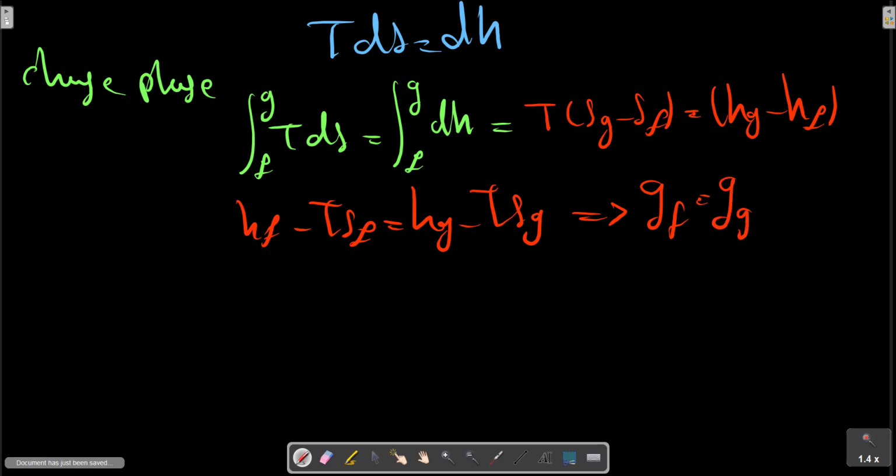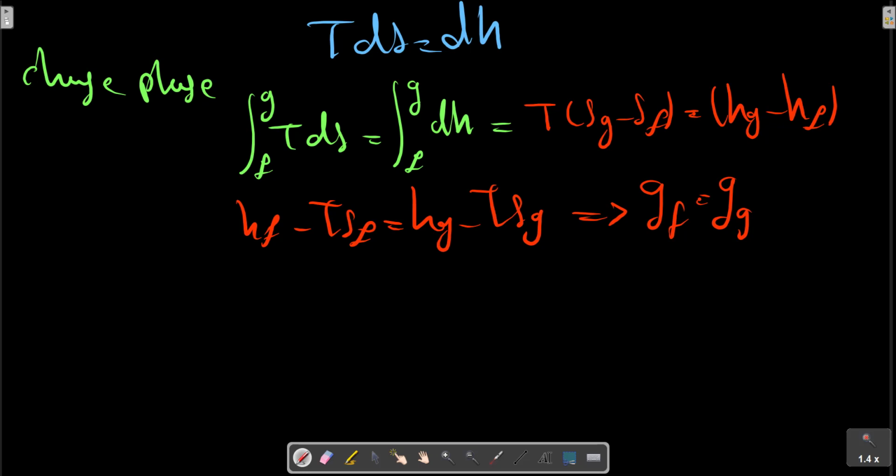The Clapeyron equation, which was derived before, can be derived by an alternate method by considering the fact that the Gibbs functions of two phases in equilibrium are equal.